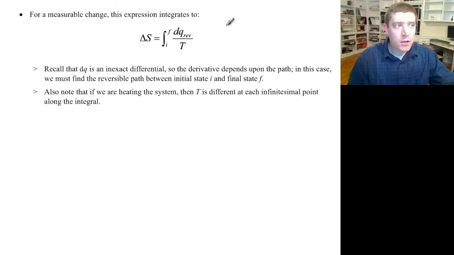And remember that dq is an inexact differential, so it depends on the path taken. So in this case, because we're looking at the reversible heat, we have to find the reversible path between the initial state i and the final state f. Also note that if we're heating the system, then the temperature is different at each infinitesimal point along the integral, so T is changing there.